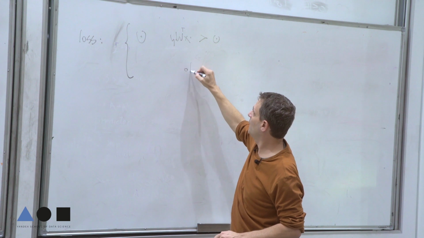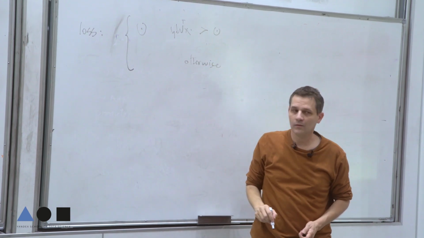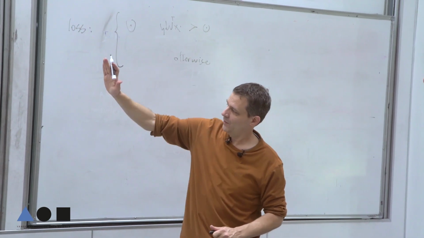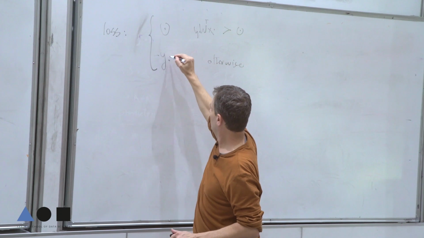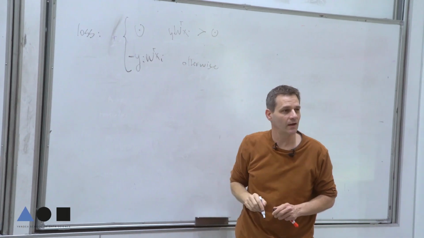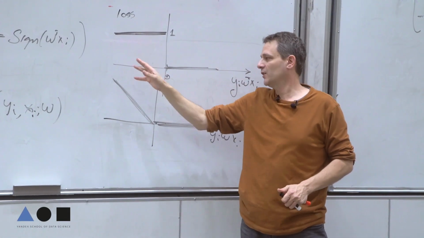What happens otherwise? Exactly. It's just minus yi w transpose xi, right? This is like the identity line, y equals minus x.